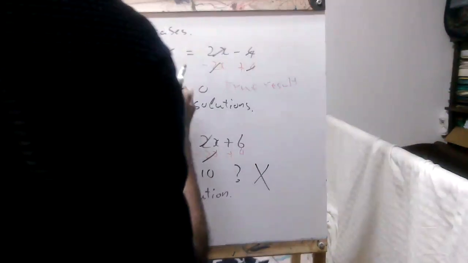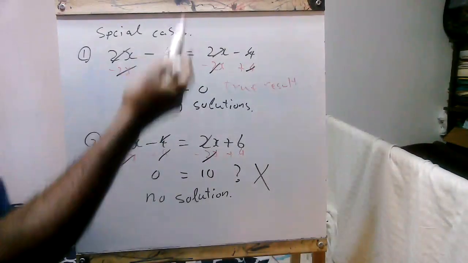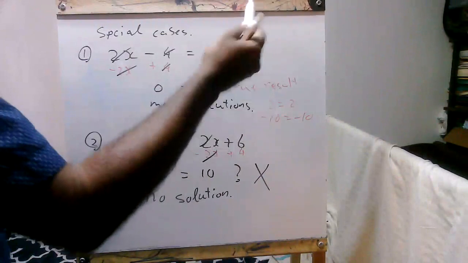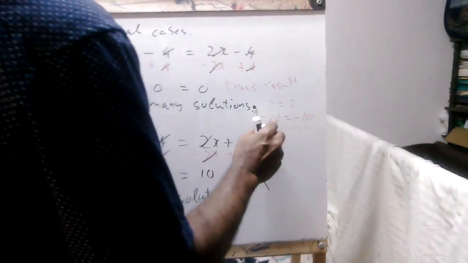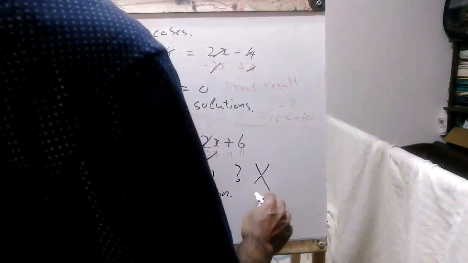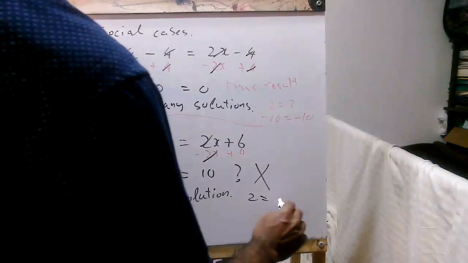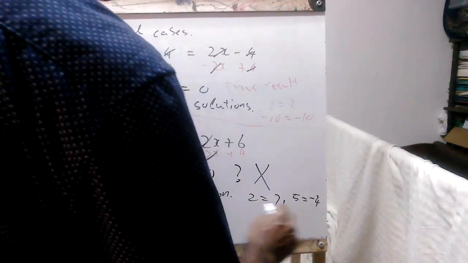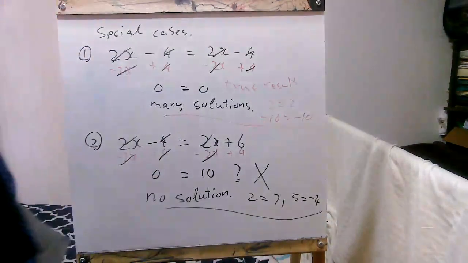This is not necessarily 0 equal to 0. You may get answers like 2 equal to 2, negative 10 equal to negative 10, such answers, that means still many solutions. Right? Here other examples are, if you get anything different, 2 equal to 7, 5 equal to negative 4, still no solution.